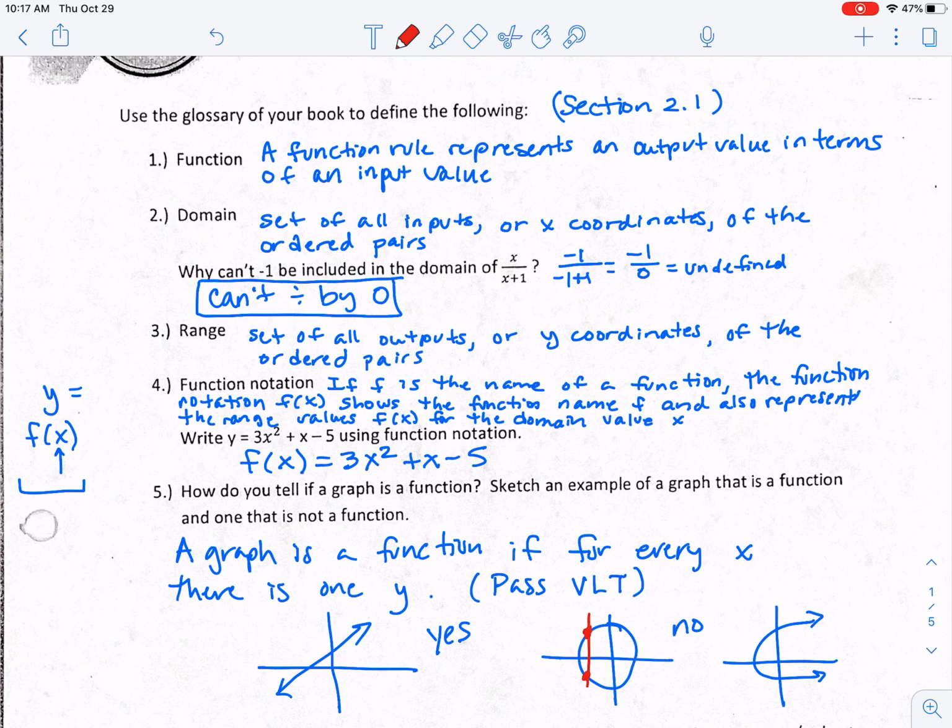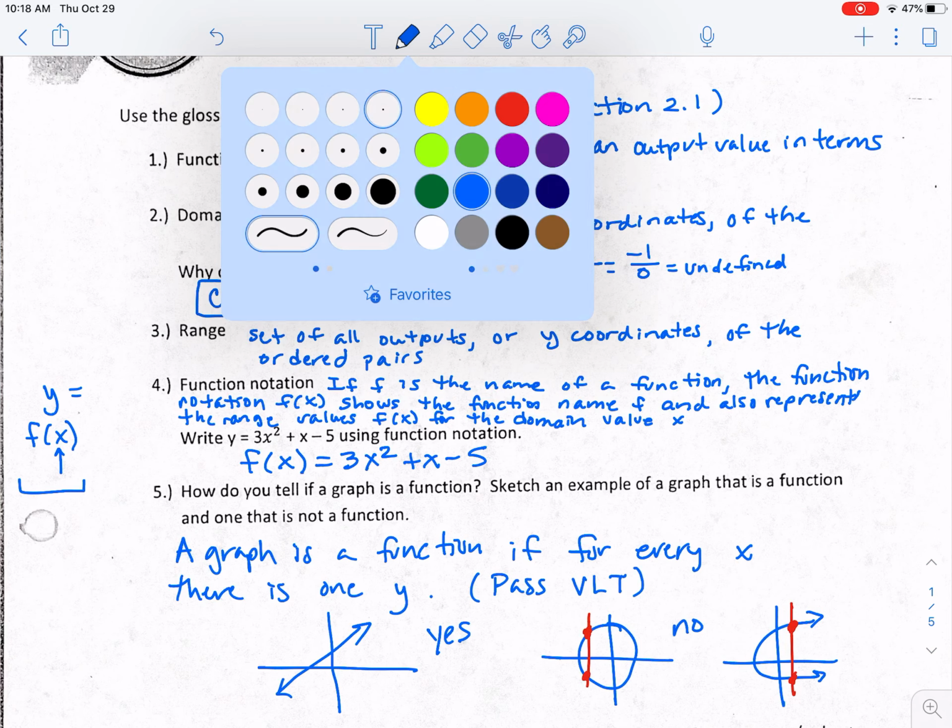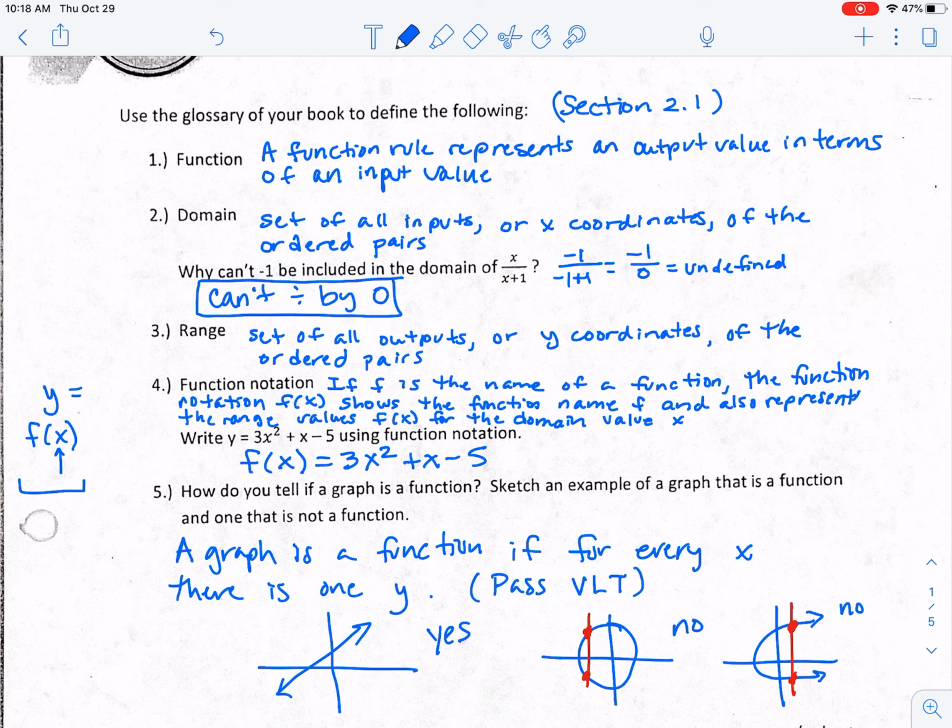For every x, is there exactly one y? Well, no. Here's 2. So that one is a no as well. Okay. What if I did a parabola that opens up? That is a yes. As you move left to right, you only hit 1 point at a time.